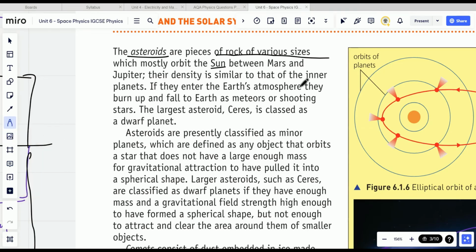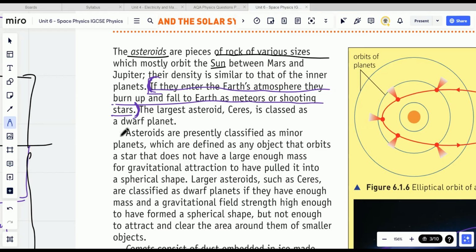The density is similar to that of the inner planets. If they enter the Earth's atmosphere, they burn up and fall to Earth as meteors or shooting stars. Remember this, guys. What would it look like if an asteroid is falling towards the Earth? It will look like a meteor or a shooting star.